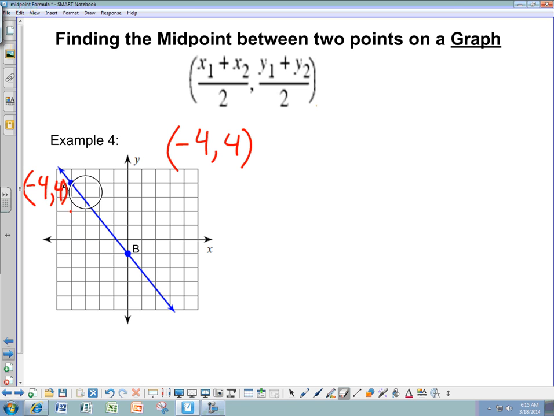All right, and then for my point B, my second point, we don't move it to the left or right. So that's going to be 0 movements to the left or right. But we do go 1 down, which would be -1. So 0, -1 is my second point, my point B. Now I need to take these numbers and plug them into our midpoint equation.